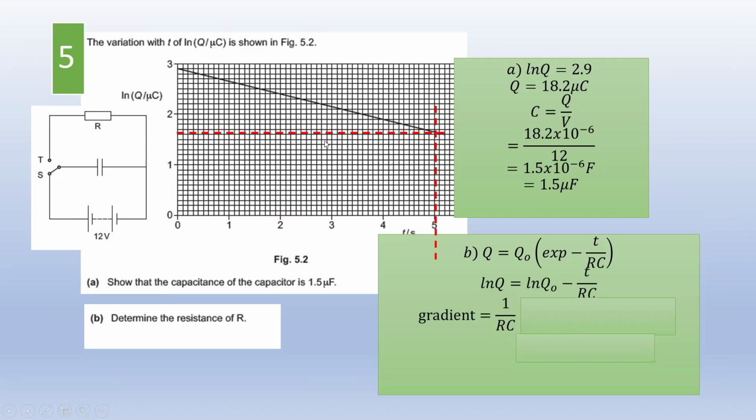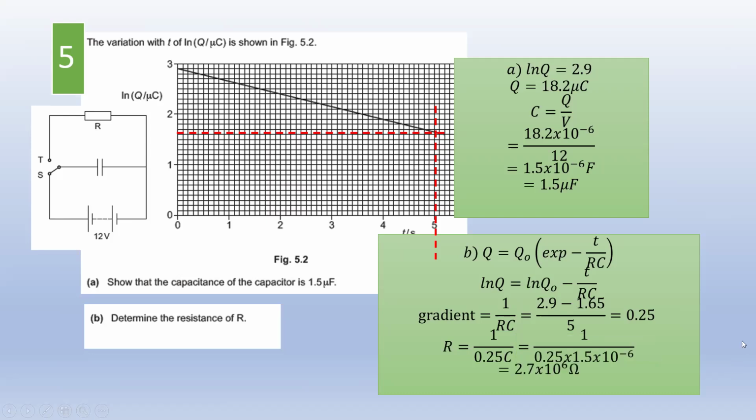Look at the gradient: 2.9 minus 1.65 divided by 5, 0.25. Then you want to calculate R, cross multiply R and 0.25 and calculate out. Okay or not? Okay.